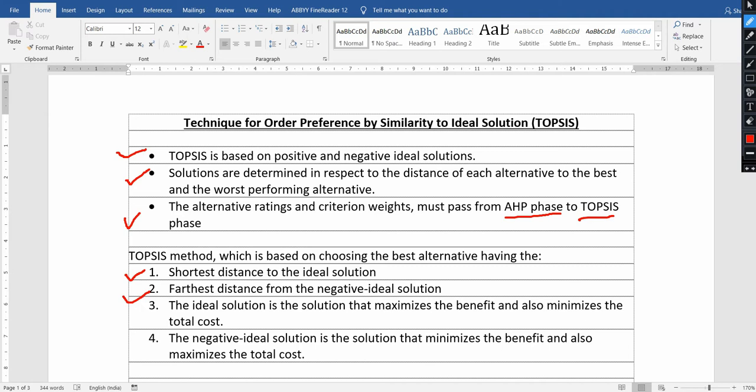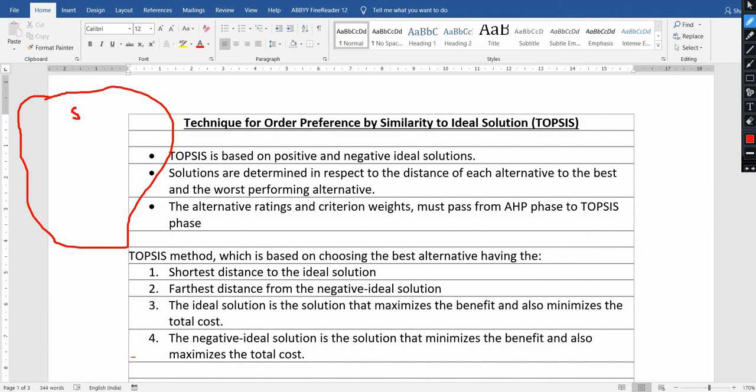Ideal solution is the solution that maximizes the benefit and also minimizes the total cost. The negative ideal solution is the solution that minimizes the benefit and also maximizes the total cost. So for example, suppose this is the search space of solution.